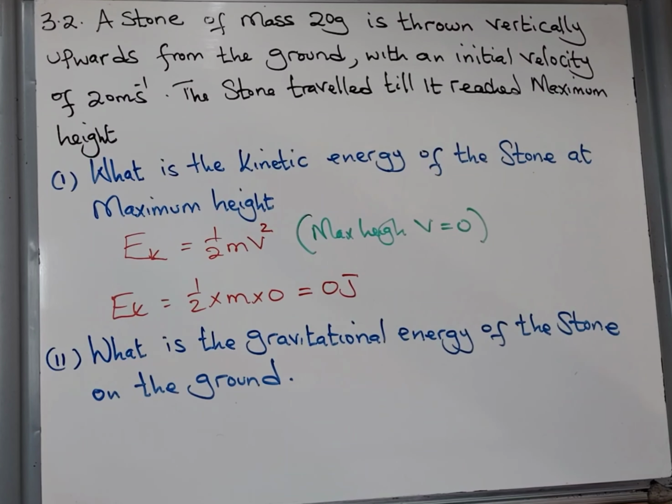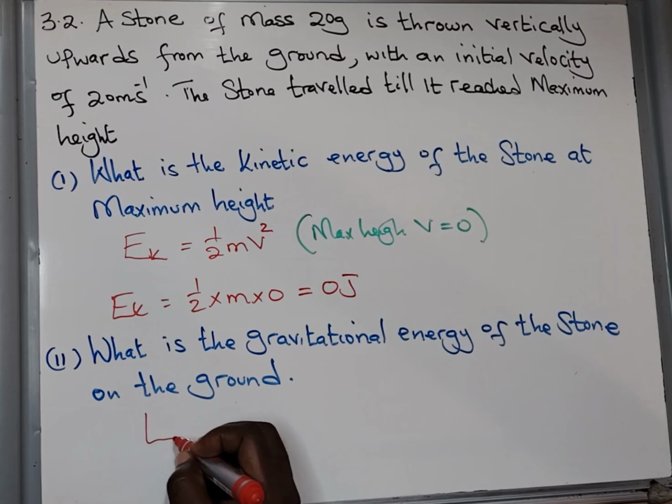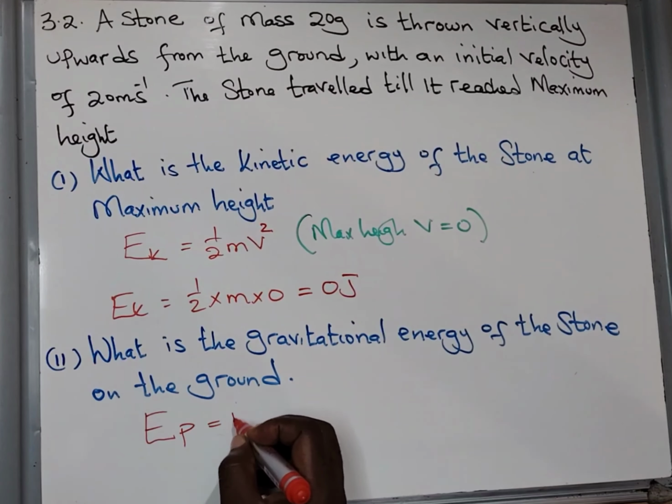So comes this question. It says that what is the gravitational energy of the stone on the ground? Okay, we have to know that gravitational potential energy is given by this equation.